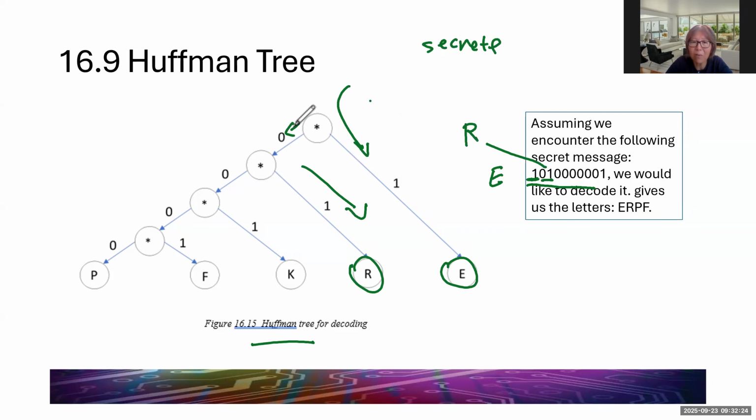Next it's 0, 0, 0, and 0. We reach P. And then you just follow 0, and then 0, and you get to K. Oh, this should be K.